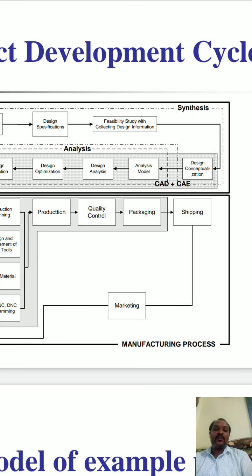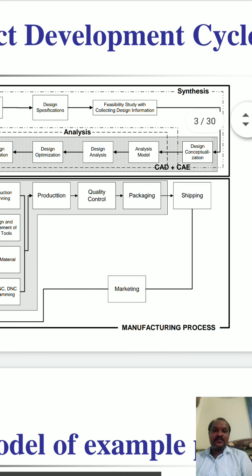Analysis of the model. You have made a design; after that you should analyze that design. For example, if you are working with a mechanical component, that component should be analyzed for tension, compression, friction, and some other parameters. You should undergo all the analysis: mechanical property, thermal property.